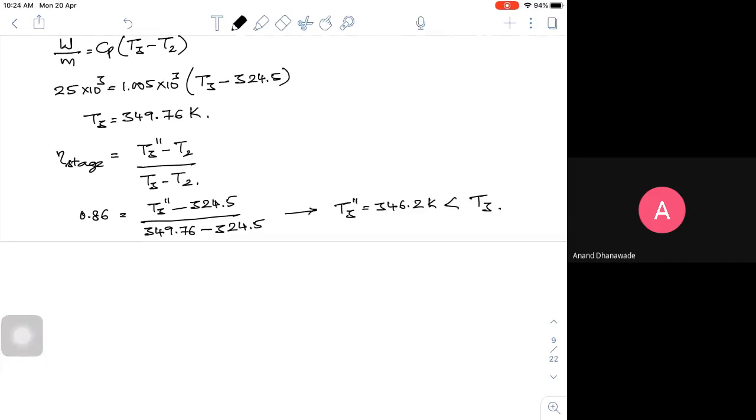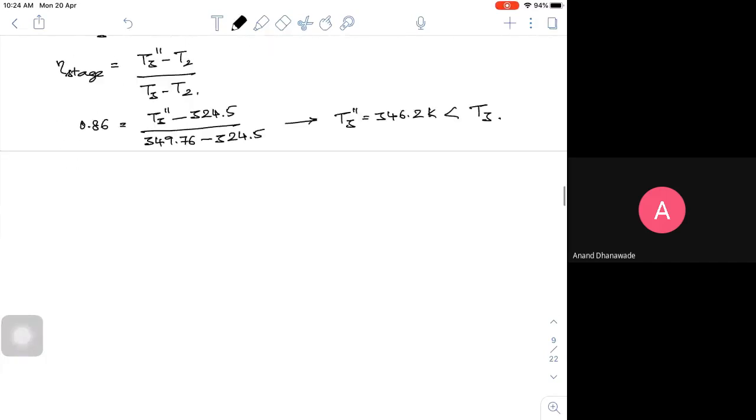Now similarly, I can go for the third stage. So what is it for the third stage? It is W by M is equal to Cp into T4 minus T3.